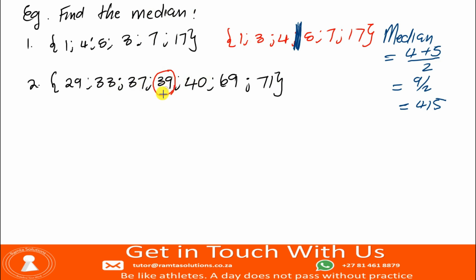As you can see, to the left of this value, we have 3 values, and to the right of this value, we have 3 values. So for the second one, our median is 7.